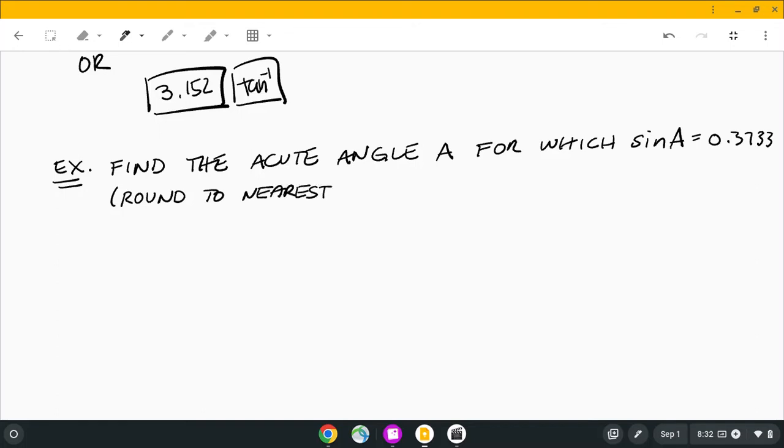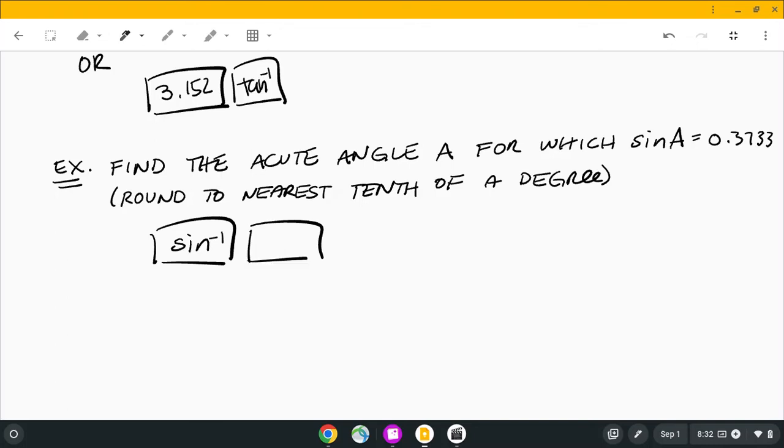So just like the last one, nearest tenth is just one decimal place. Same thing here. You might have to hit this button first and then the 0.3733, or you might have to switch that order: 0.3733, and then the sine inverse.